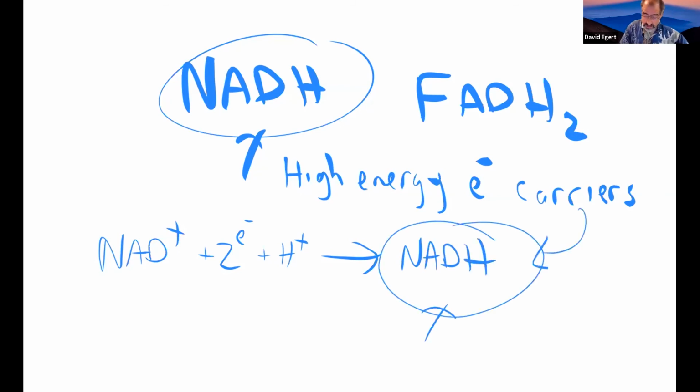This thing has high energy electrons, and when it breaks apart, it can donate those electrons to other things, from which we then harvest the energy. It's a lot like carrying some weight up high and then dropping it to a lower place. As it drops, I can spin a paddle wheel or something and do something.